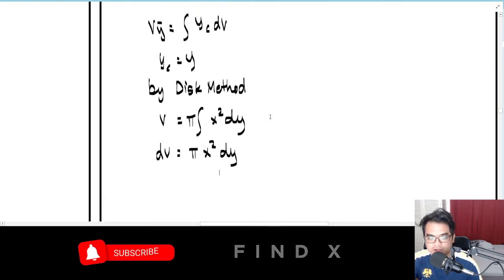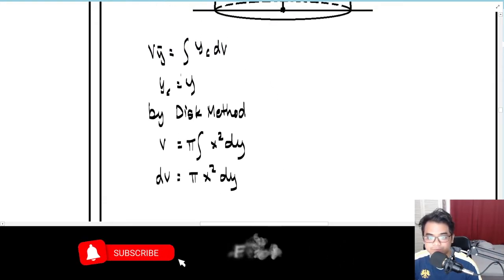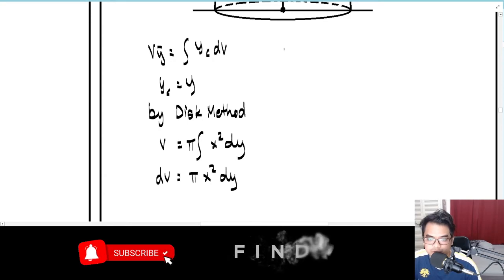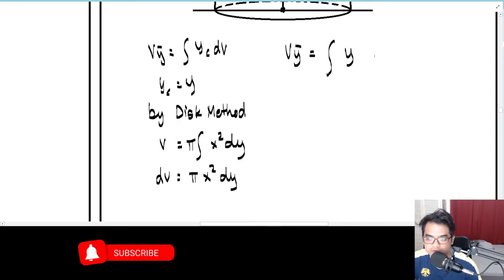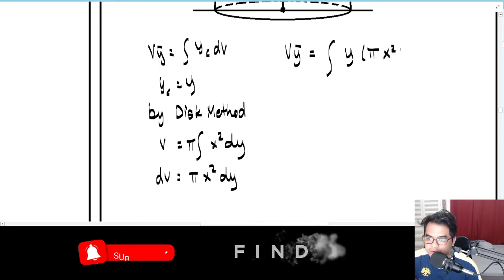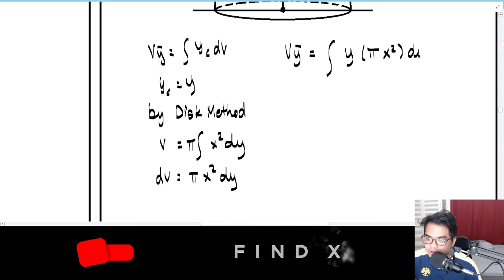So let's now substitute those. v y bar equals the integral of yc, which is y, and dv, which is pi x squared dy. What will be the limit?